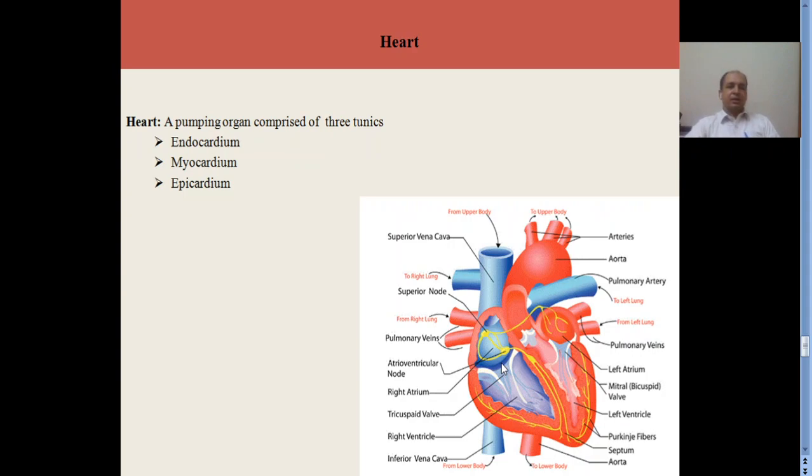These are the endocardium, myocardium and epicardium. Endocardium is the layer present towards the inner side of the heart, while the myocardium is the most muscular part of the heart, and epicardium is the layer present outside the heart.